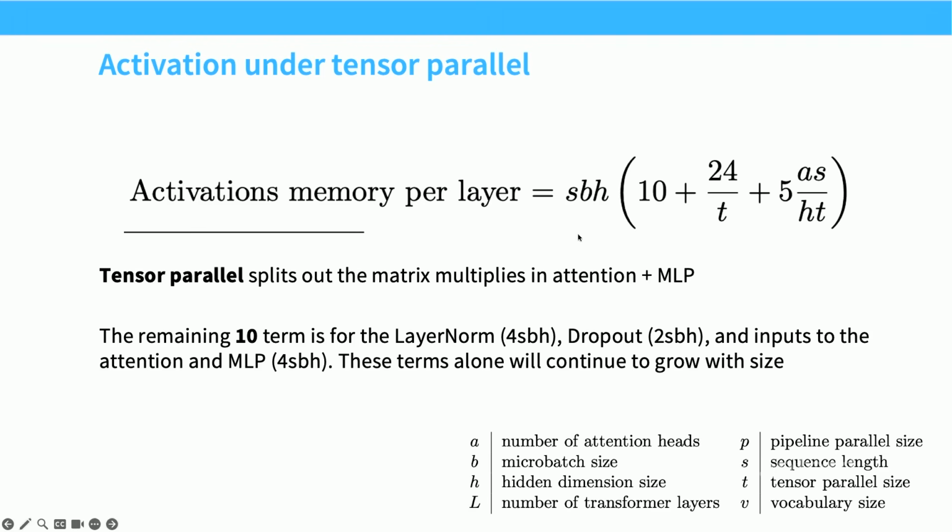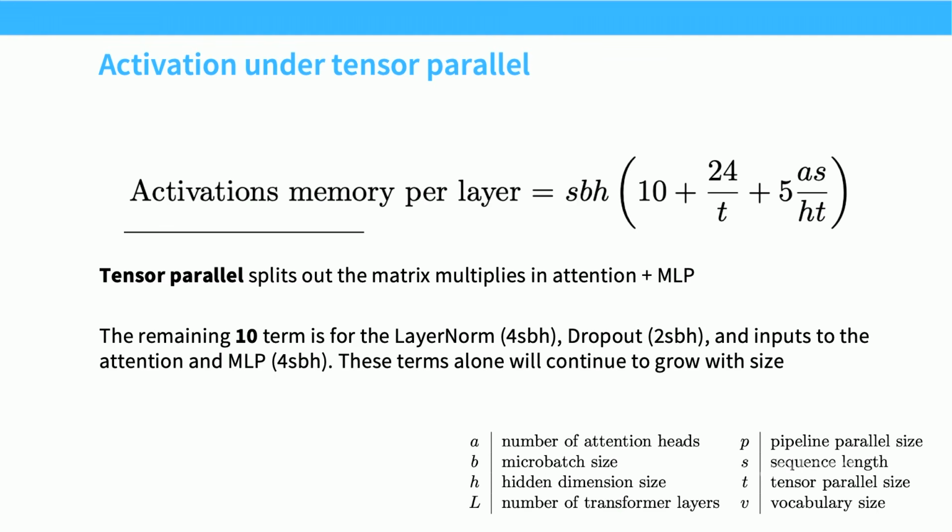Well, the MLPs are 24 of those 34 that I talked about before, and the attention heads are 5 AS over HT, the second term over here. Now, I can reduce that by T, my tensor parallel size. This is not bad because I've taken most of the memory and made it scale linearly with the tensor parallel size T. So that's good.